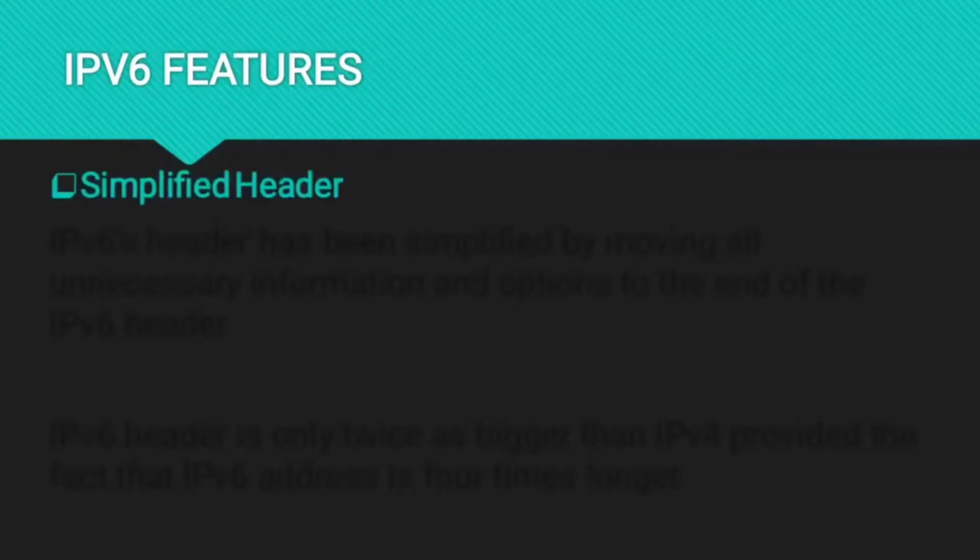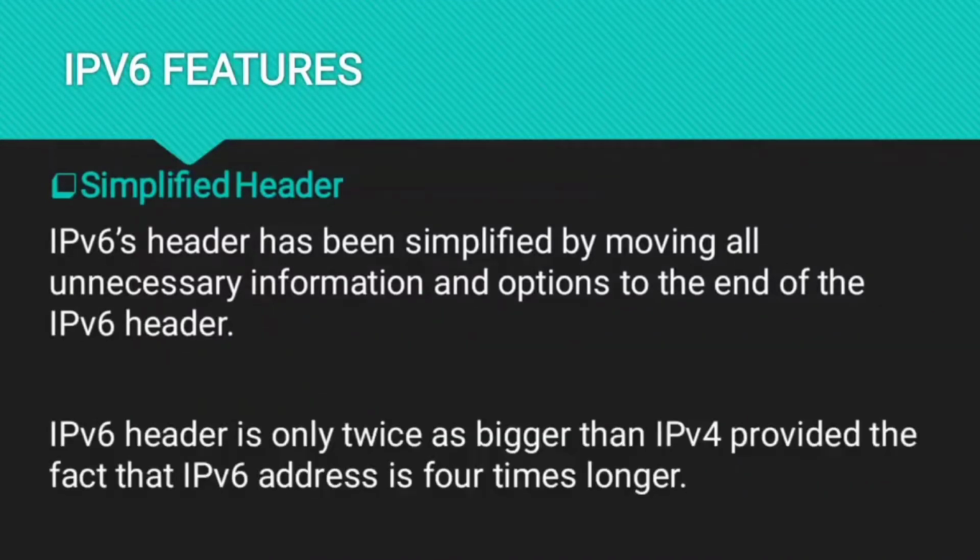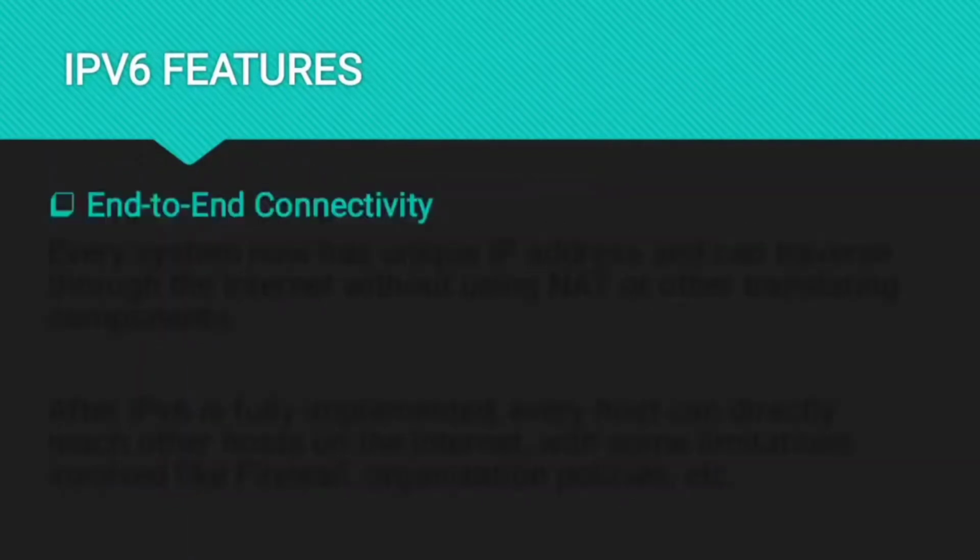Next is the simplified header. IPv6 header has been simplified by moving all unnecessary informations and options to the end of the IPv6 header. So, those unnecessary information and options are present po sa IPv4 header. IPv6 header is only twice as big as IPv4, given the fact that the IPv6 address is 4 times longer.